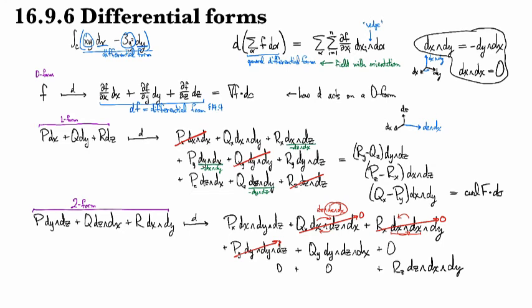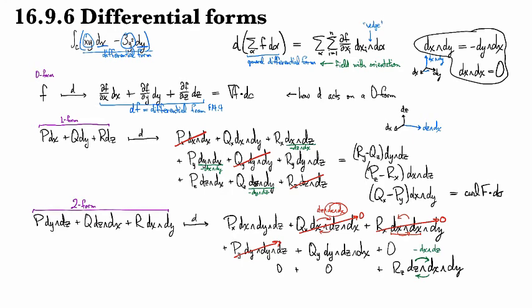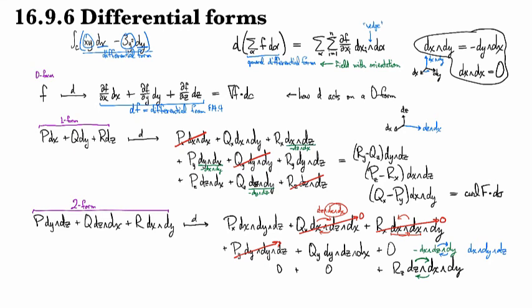Well, I can interchange these two, and it will look like minus dx wedge dz wedge dy. And then I can interchange these two, and I'll add another minus sign, so that cancels out the original minus sign, and I have dx wedge dy wedge dz, which matches with this guy.